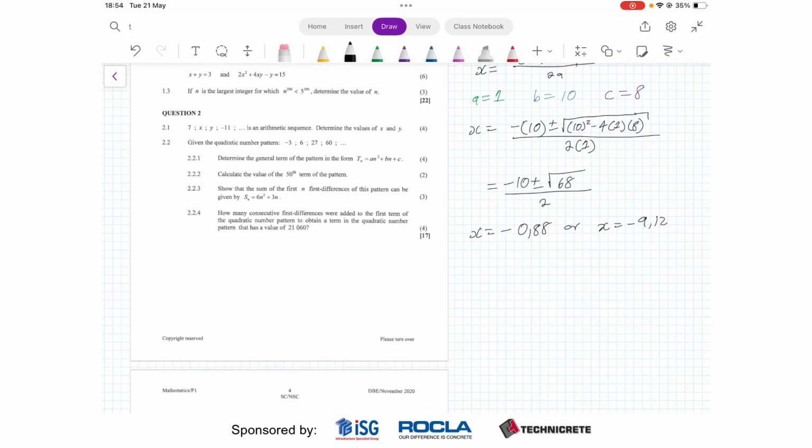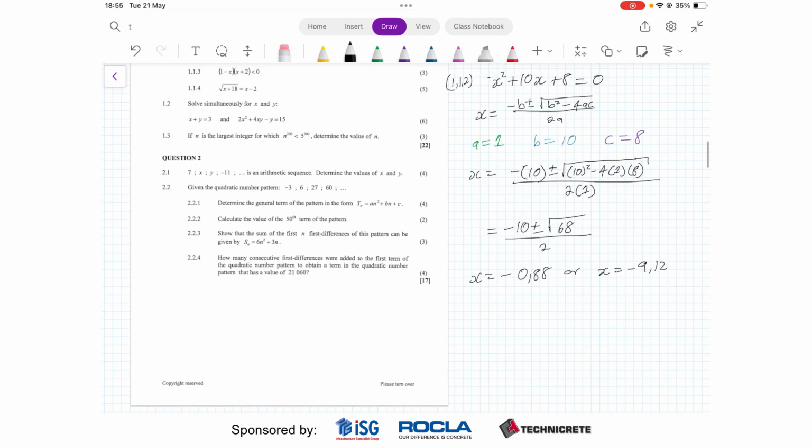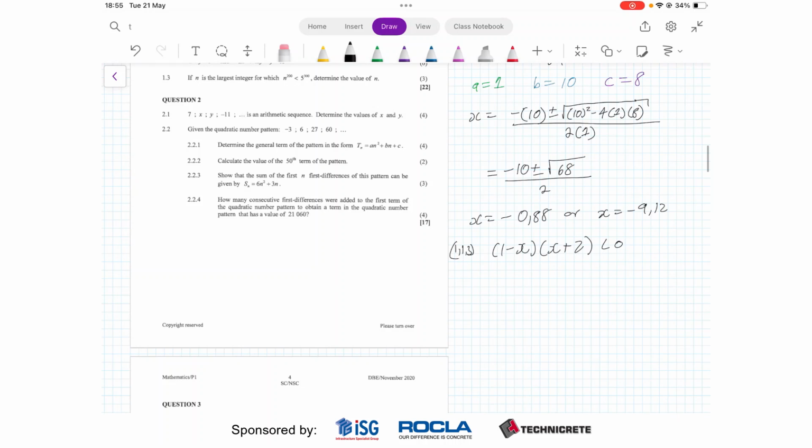Moving on to 1.1.3, we have an inequality. We are told that 1 minus x, times x plus 2, is less than 0. The nice thing is we already have our critical values.